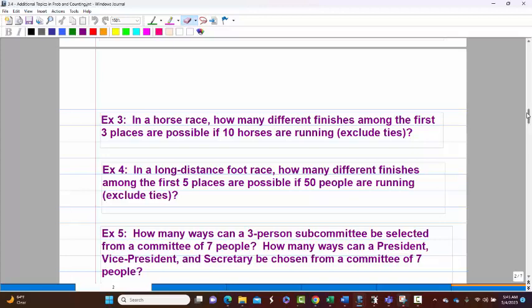If you're betting, let's say you bet on horse 2 to come in first, horse 5 to come in second, and number 7 to come in third, and they come in 5 is first, 7 is second, and 2 is third. It's the right 3 horses, but the order mattered. You don't win because you didn't have the right 3 positions. So that's a permutation. It'd be permutation of 10, choosing 3 out of those 10.